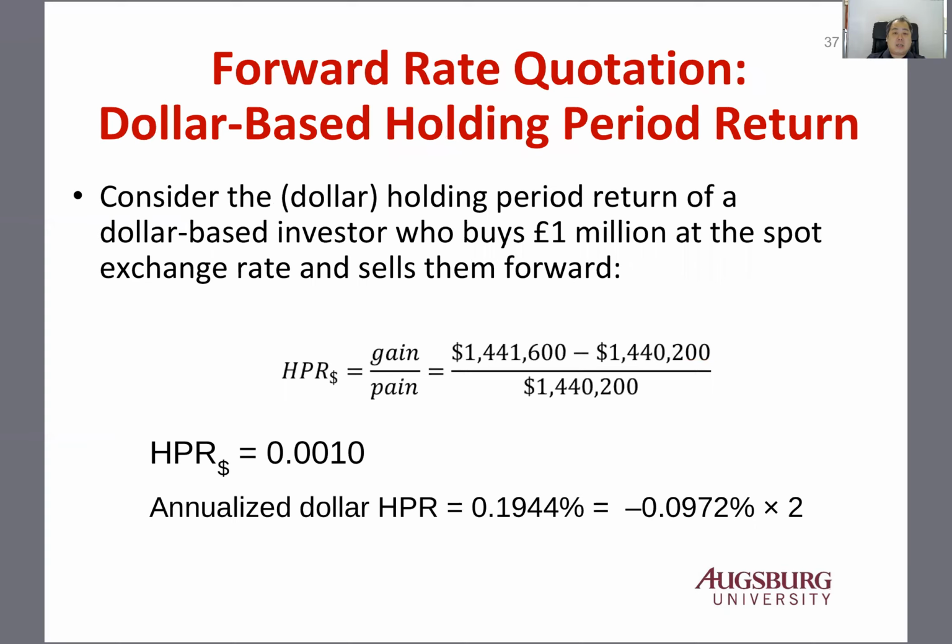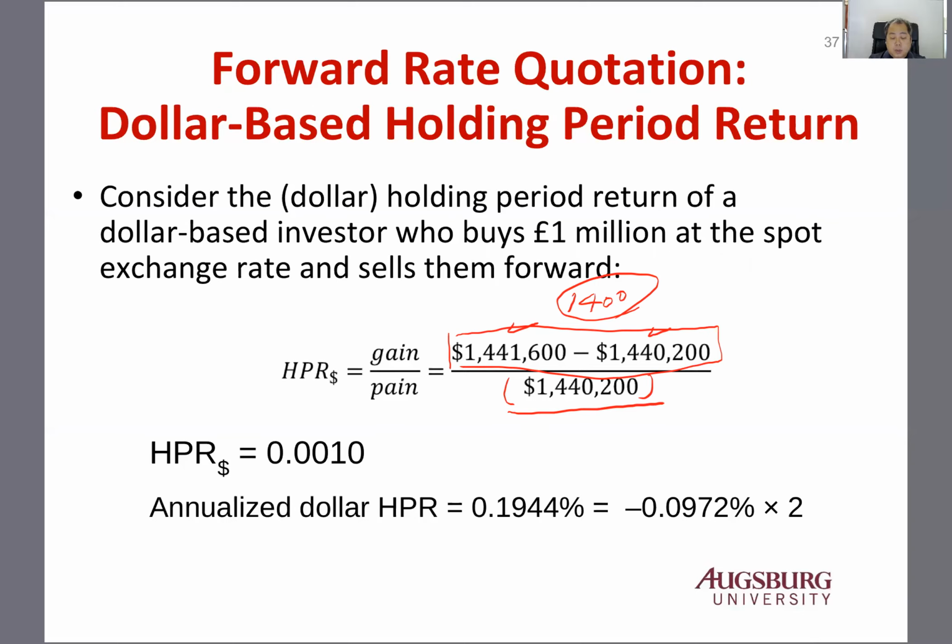So how do we get the dollar holding period returns? When you calculate the returns, the numerator is the gain. You buy spot and sell forward, and you get $1,400. That's the holding period dollar return, divided by 1.4402 million.